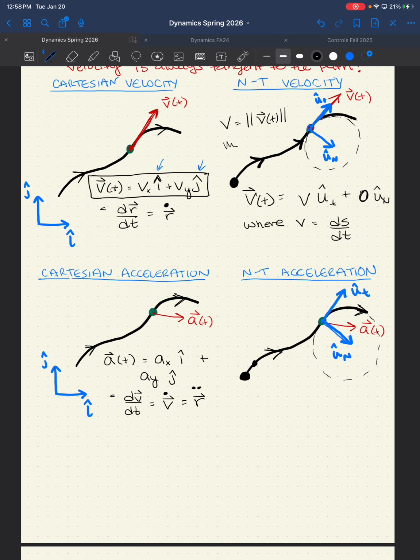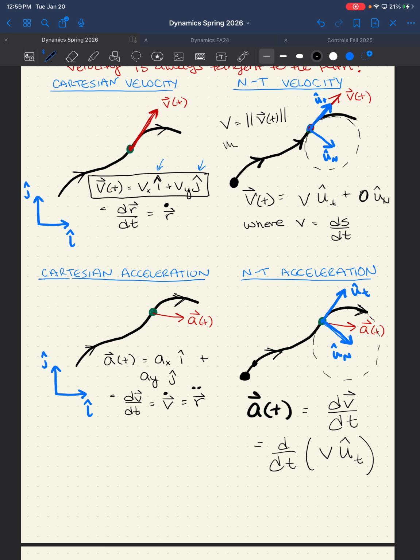Acceleration as a vector is still dv dt, but the way we've defined velocity in terms of nt coordinates, this would be the time derivative of v u hat t. Do we agree? I just substituted in what we defined for the v vector.